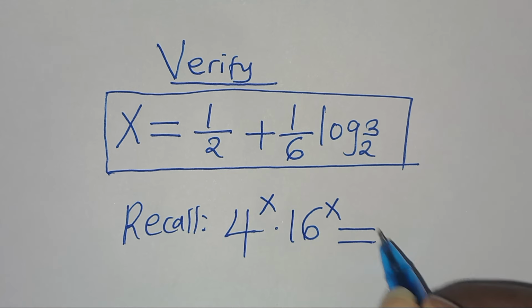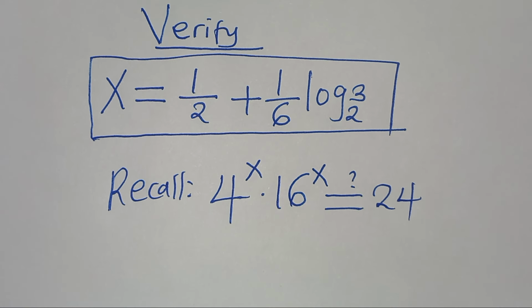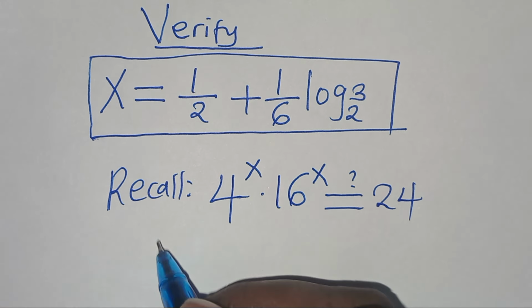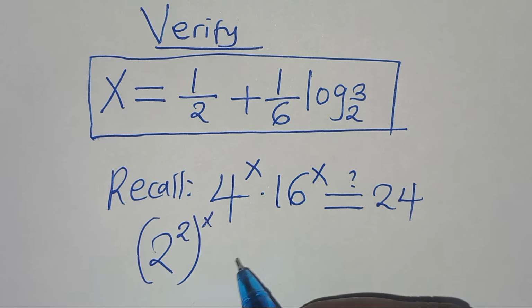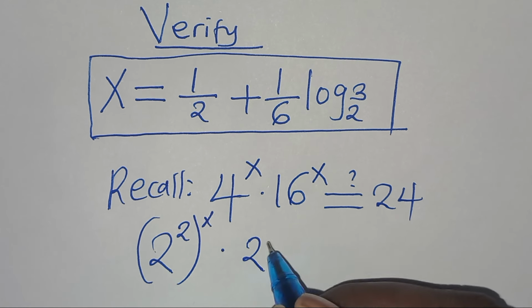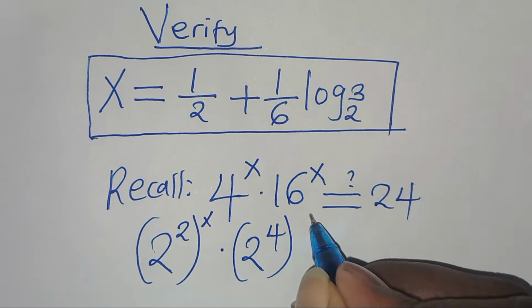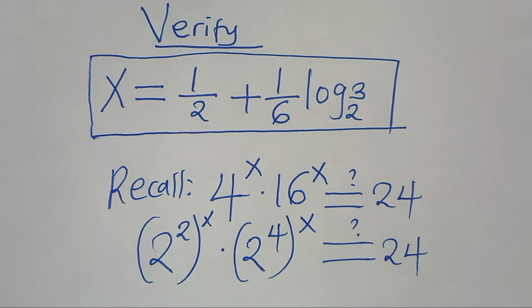This is supposed to give us a value of 24. Now, we express 4 to the power of x as 2 to the power of 2, then raised to the power of x, multiplied by 16 to the power of x, which is 2 to the power of 4, then raised to the power of x. This should give us a value of 24.